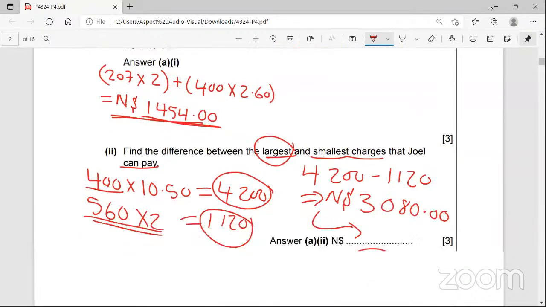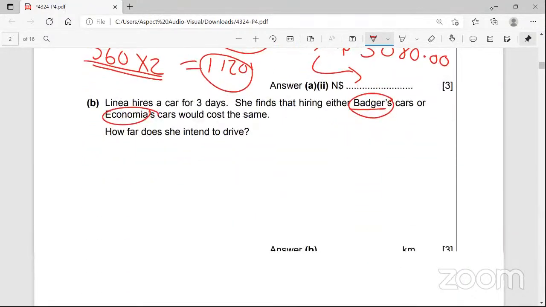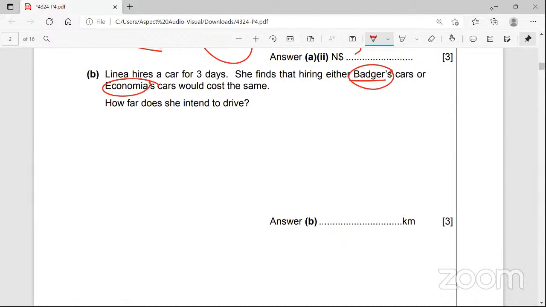So if it's from this company, they are going to charge $10.50 multiplying whatever kilometers. So maybe I can use y. Are we together? So y is just now the kilometer, the distance that we do not know.